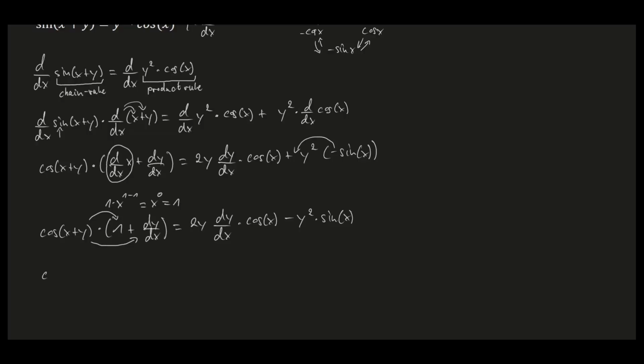So we will get cosine of x plus y plus dy over dx cosine of x plus y is equal to 2y dy over dx times cosine of x minus y squared times sine of x.